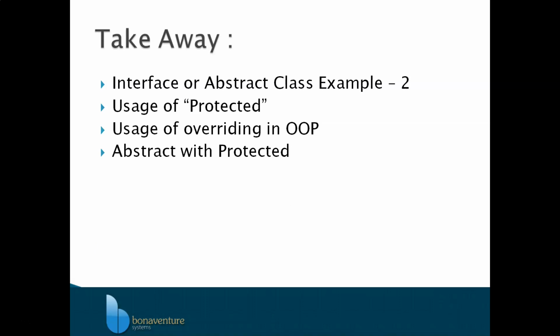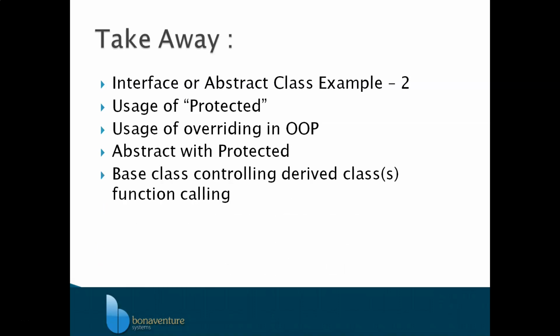And then we just tried to use protected along with abstract. The base class that we have is trying to control the derived classes' function calling, in the sense of in which order the functions get called. This is defined by the base class itself. And then there's a revision of, you can say, maybe the first demonstration takeaways. If you look at it, every class follows the single responsibility principle.